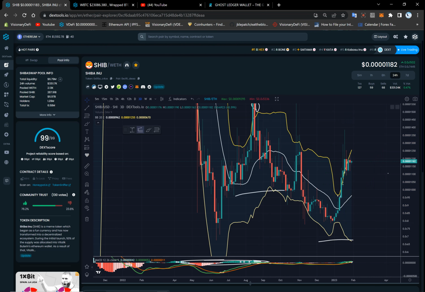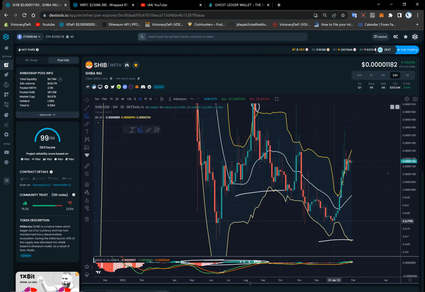Let's say price doesn't correct, and we want to know where we can expect the next price movement to go. What you do to read the fib extension, which just indicates where price will go before crypto comes back crashing down, is it tells you where to take profits.